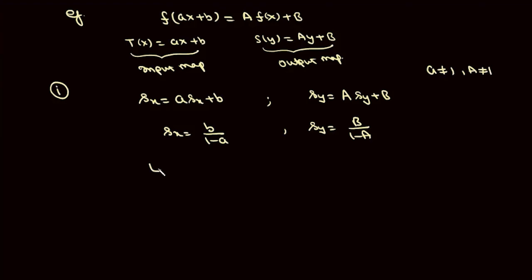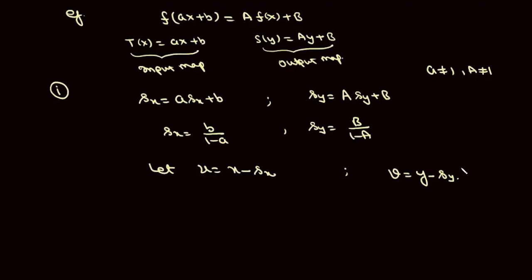Now again we'll let u as x minus s_x, and for questions where they'll give another equation which contains both x and y, we'll take v as y minus s_y.